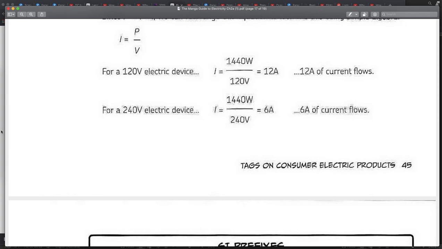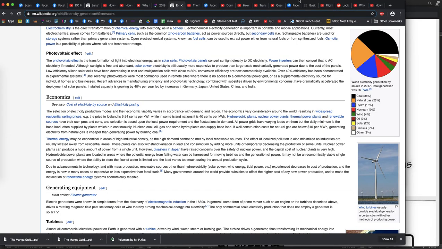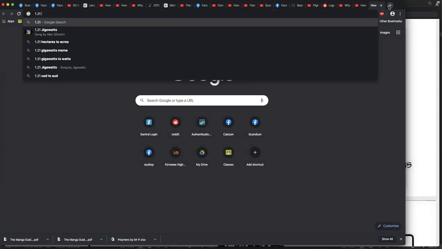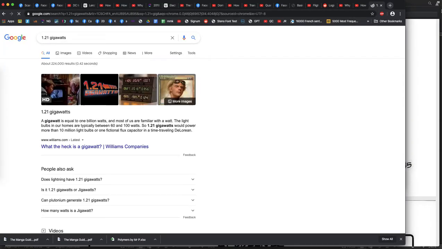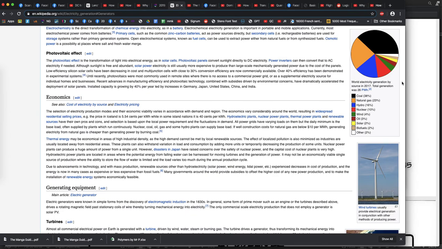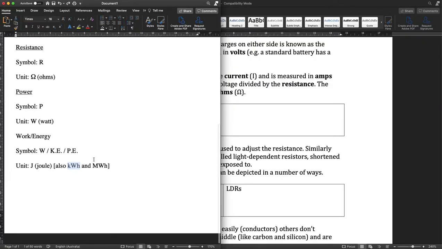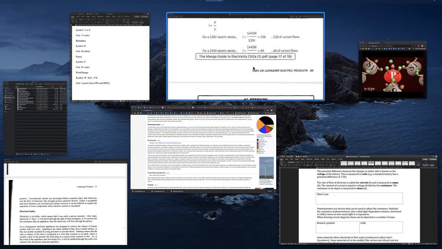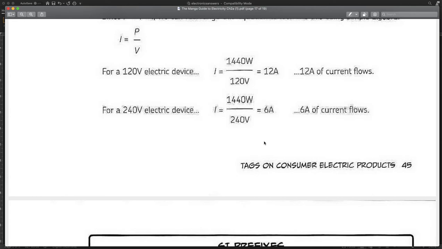Anyone who's ever seen Back to the Future, you both seen Back to the Future? Yeah. I think he needed 1.21 gigawatts of electricity to go back to the future, right? 1.21 gigawatts is as much power as a power plant produces.